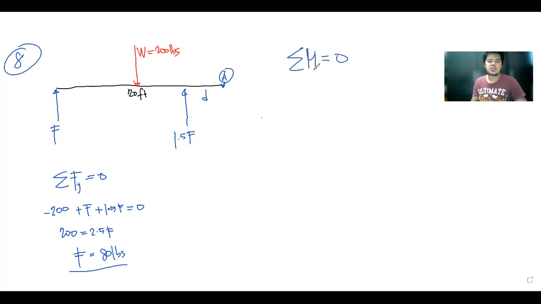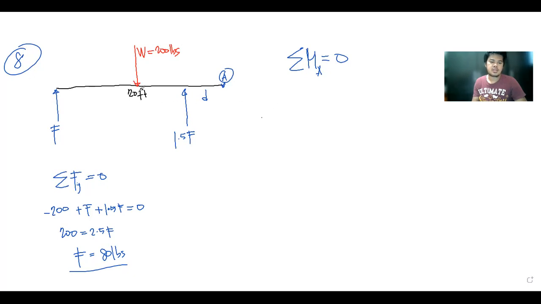For simplicity, to calculate d directly, we take the summation of moment at point A equal to 0. So this would be our reference point, point A, and then we sum up all the moments.